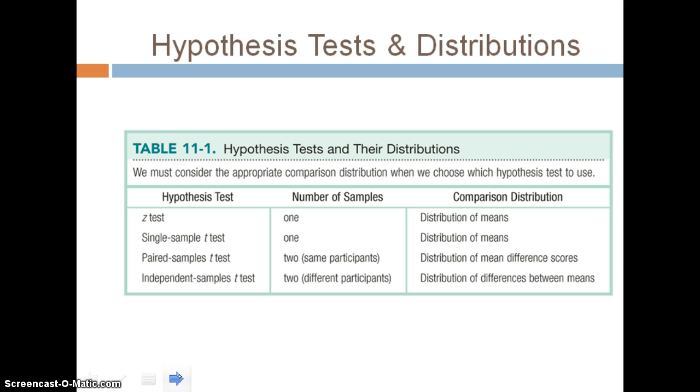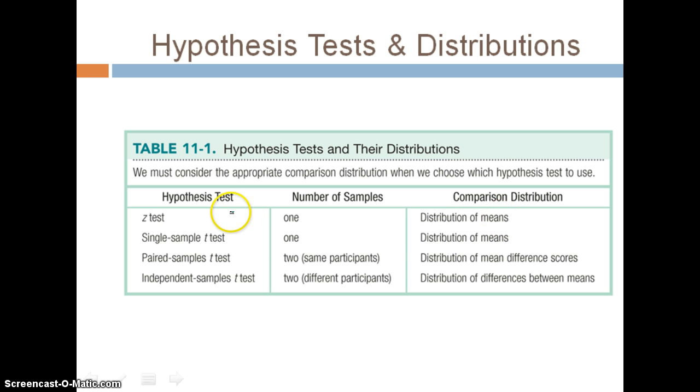Okay, so just to kind of rewind a little bit, let's talk about the hypothesis tests and their distributions. Now remember that we can talk about the z-test, and that has a single sample, right, because we're comparing it to a population mean, and it has a comparison distribution of the distribution of means.